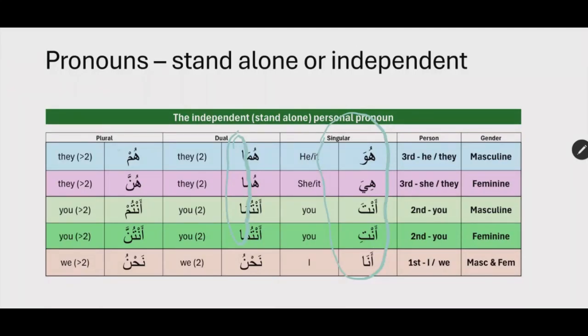And then here you have hum, and here you have antum. That's a kind of similarity between the meems there. And then hunna for the female and antunna for the female plural. And then nahnu is the plural form of the first person. These are the standalone or independent pronouns.